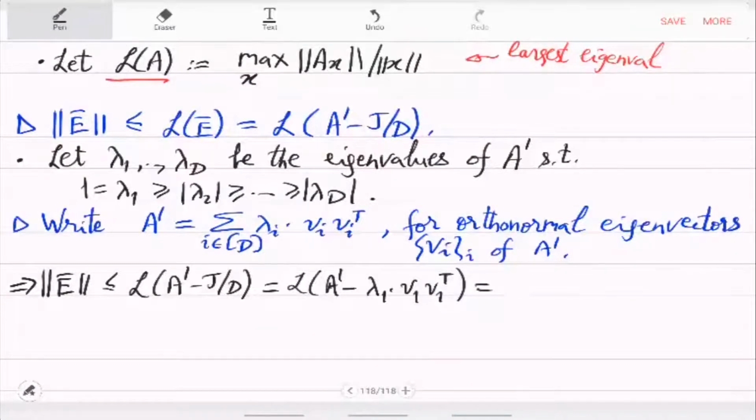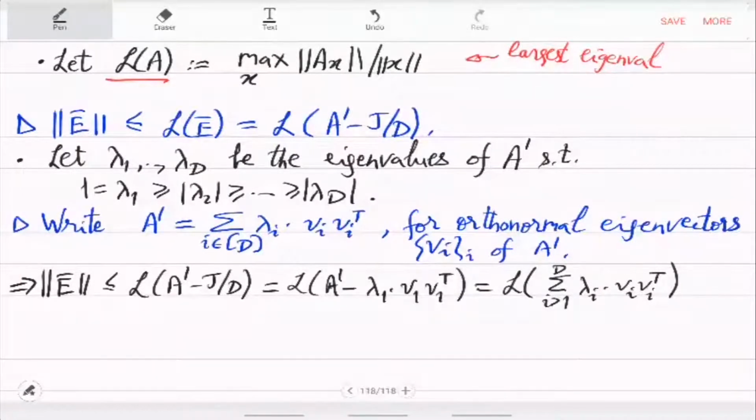So this is equal to the L norm of what remains, which is the sum of lambda I vi vi transpose for I from 2 to D. And how do you upper bound this?